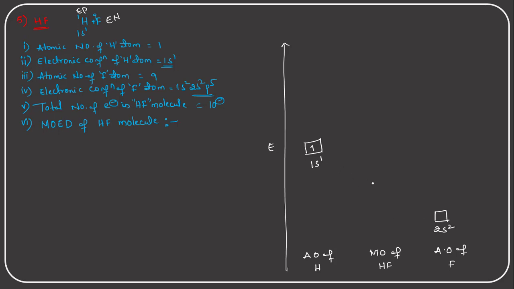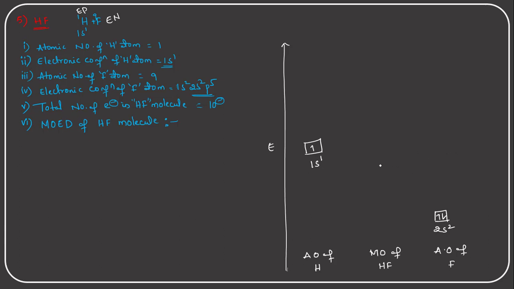There is a large energy difference between the 2s orbital of the fluorine atom and the 1s atomic orbital of the hydrogen atom. So the merging cannot take place here, because the 2s orbital already has a very low energy compared to the hydrogen atom.